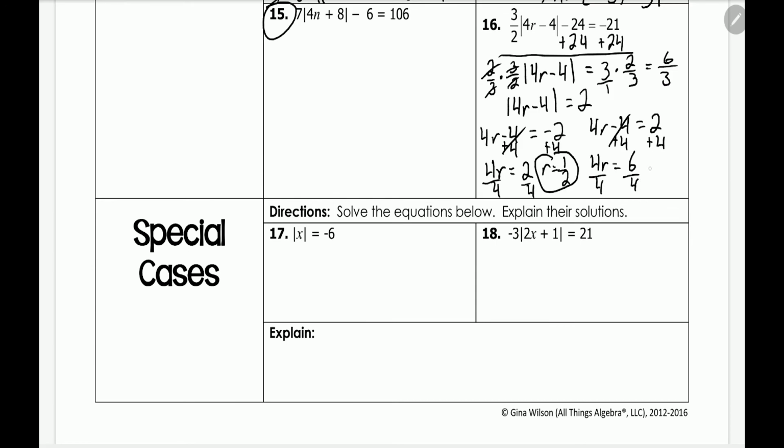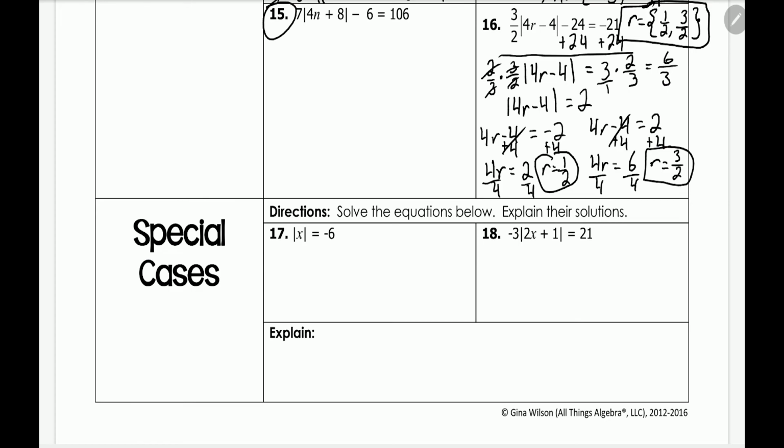Then we have, for this one, r is equal to 6 over 4, which can be reduced to 3 over 2. So that's one of our answers. So now for our solution set, which I'm going to write up here, we have r is equal to {1/2, 3/2}. And this is our final answer.